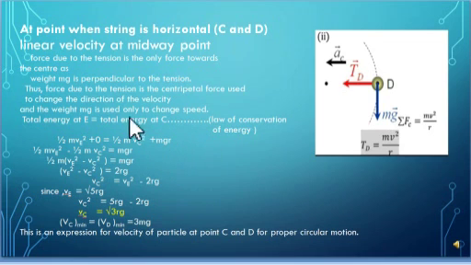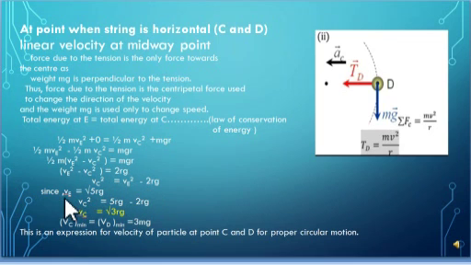So, I have simplified here the equation: half mve square minus half mvc square is equal to mgr. So again by simplifying I am getting vc square is equal to ve square minus 2rg.